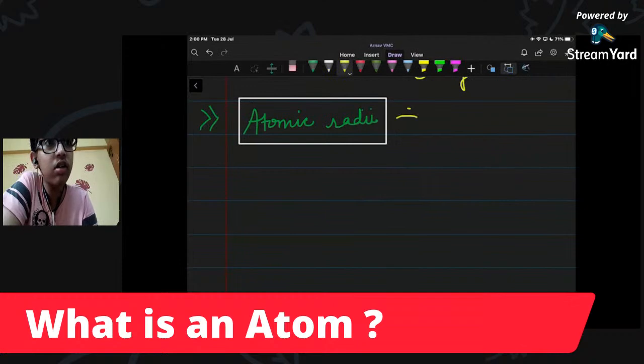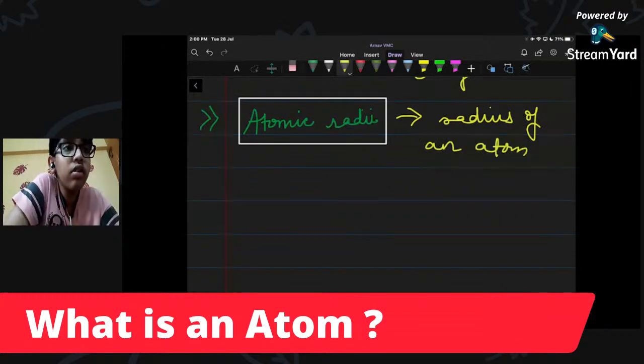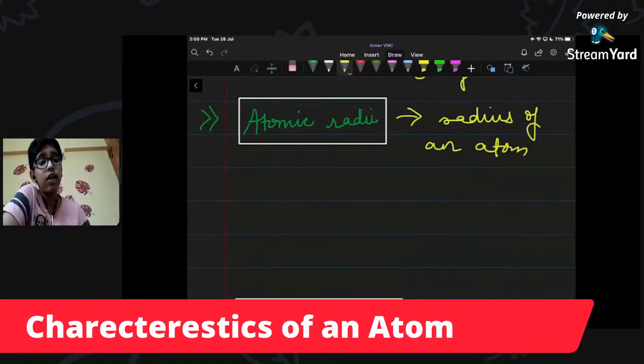It's the radius of an atom. So we are talking about characteristics of atom. Atomic radii is the radius of an atom. It's very important. Radius of an atom.